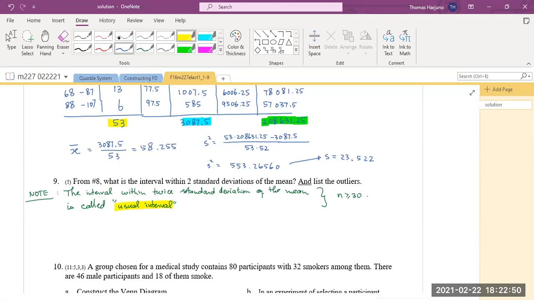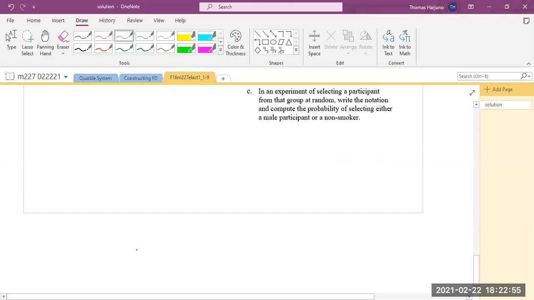In other words, if I go down here and show you the explanation, let's say this is the mean here, either x bar or mu. You add twice standard deviation to the mean and subtract twice standard deviation from the mean. Not 2s, that's 2s.